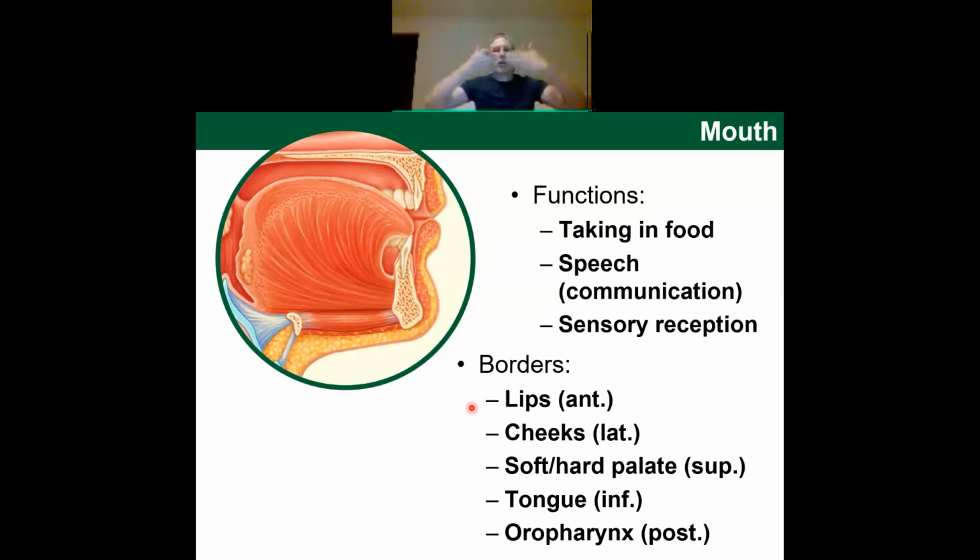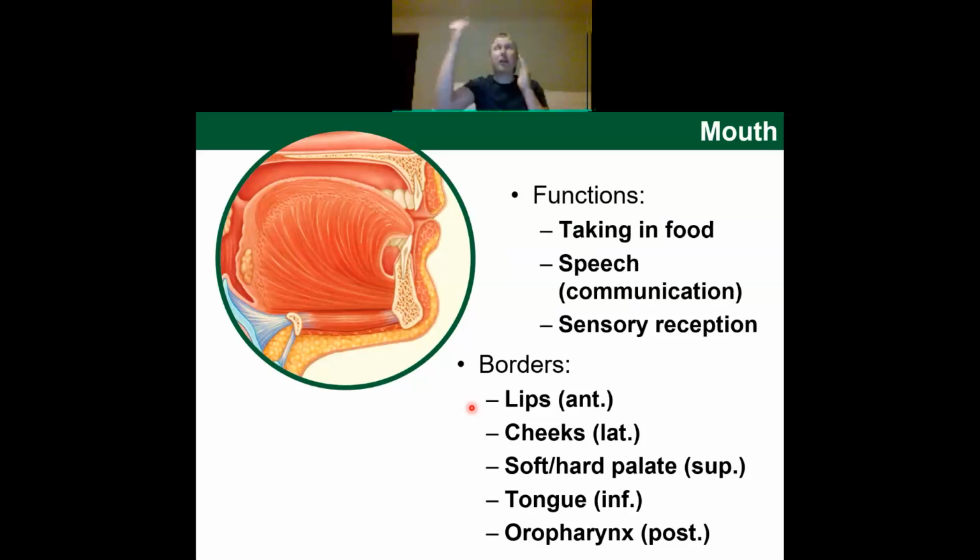So most anteriorly, at the front of the mouth, we have our lips. These prevent the food from falling out of the front of our mouth cavity. So the anterior boundary of the mouth is formed by the lips. Laterally, on the side, we have our cheeks that form the boundary of the mouth.